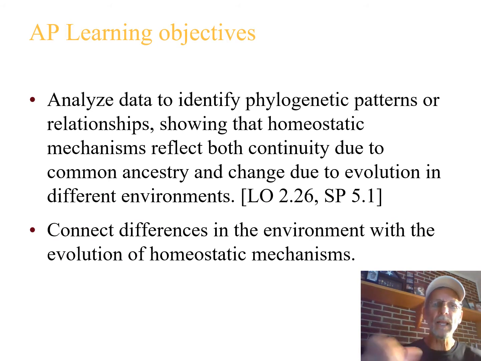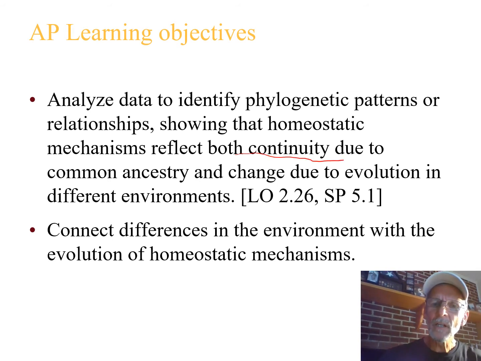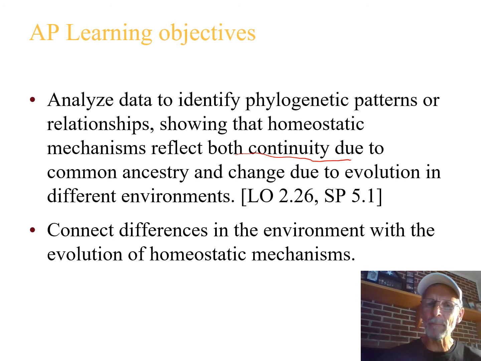So here are some AP learning objectives. This is also an IB kind of objective, but it would be found in the evolutionary part. What does it tell you if you have the same kind of homeostatic mechanisms involved? That suggests that they are related, right? They got them from the same place. That's what this says.